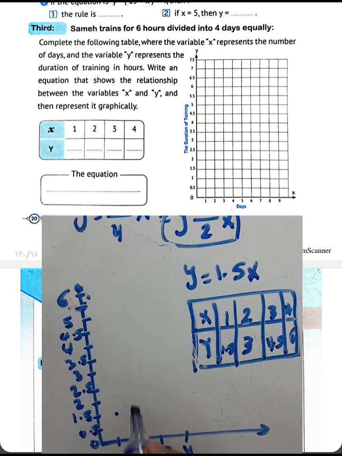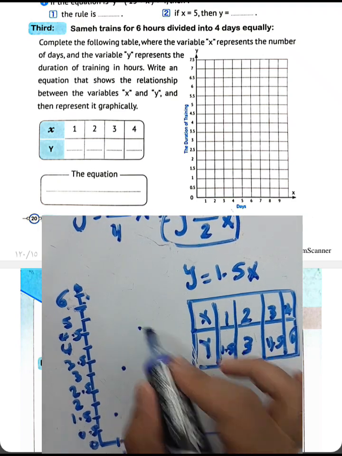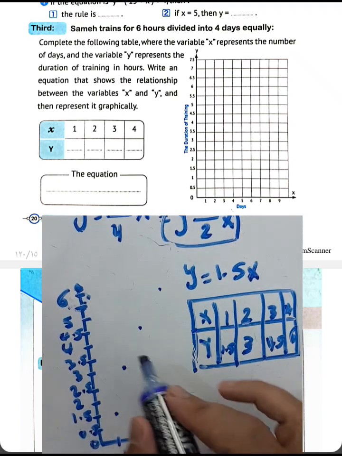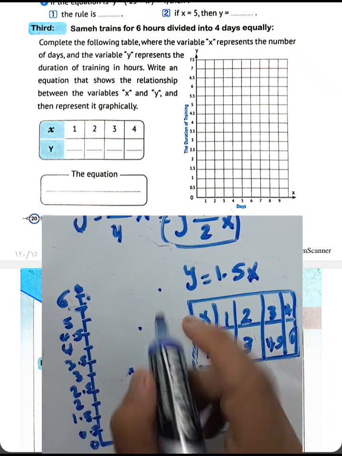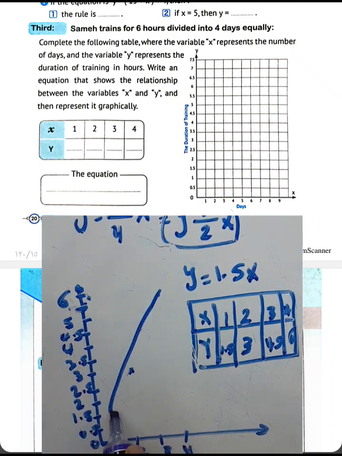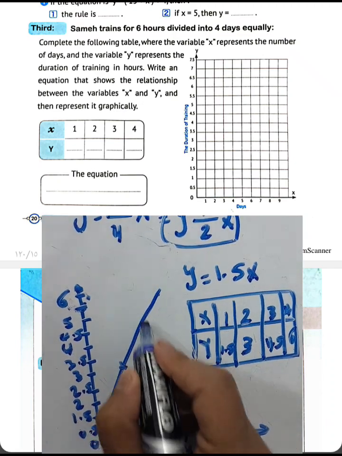Then you can draw the number line using a ruler to find the image.